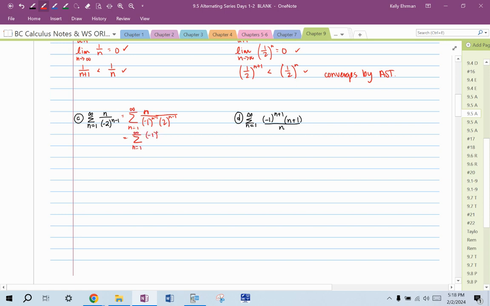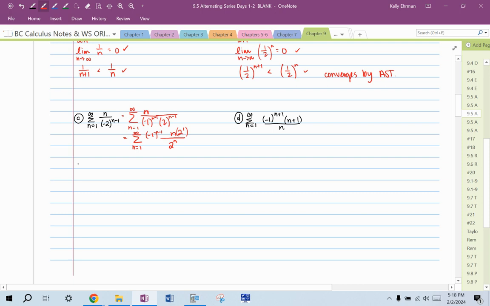So I'm just going to put this out in front. Now 2 to the n minus 1, we've done this before with addition. That's 2 to the n times 2 to the -1. But instead of leaving a 2 to the -1 down here, let's put a 2 to the first up here.